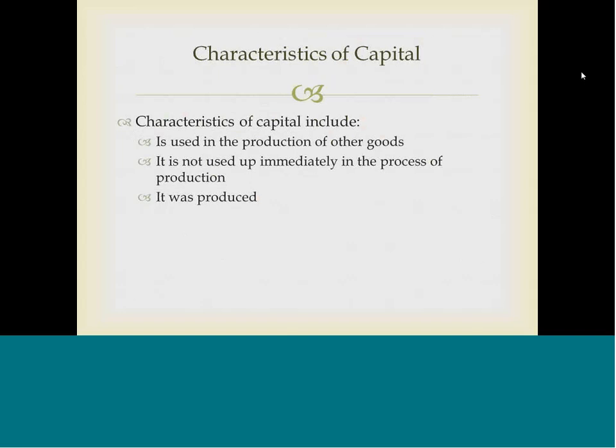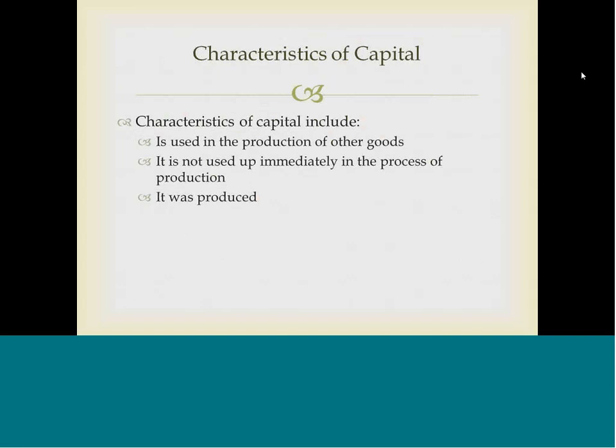So when we talk about capital, what are some characteristics of capital? Well, it is used in the production of other goods and services. It is not used up immediately in the process of production. For example, if you were to produce bread, you would use wheat to make each loaf of bread. Wheat would not be considered capital.